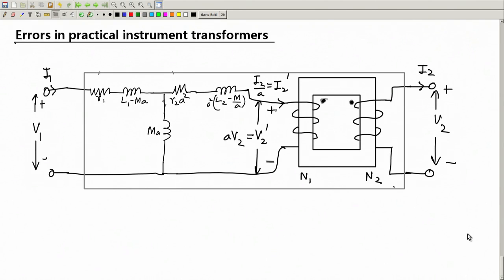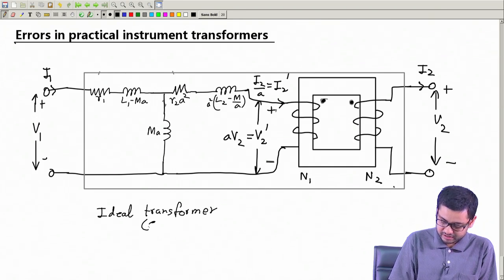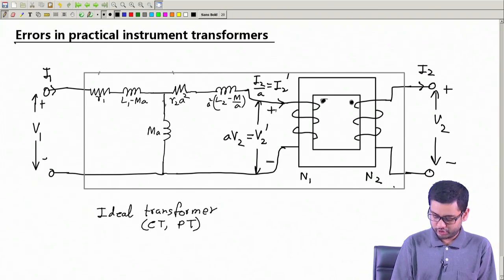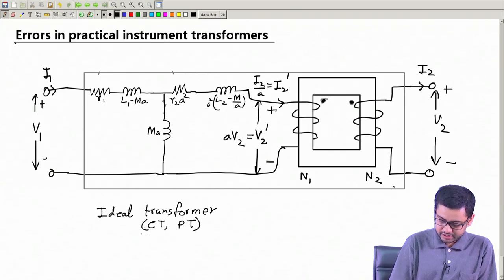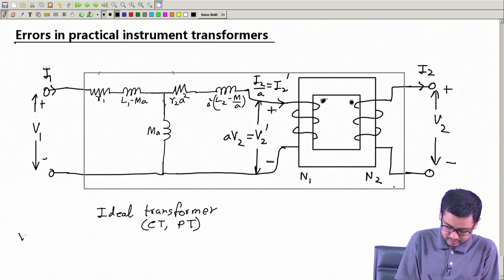Now we know that for an ideal transformer, which can be an ideal CT or PT, an ideal current transformer or ideal potential transformer, because they are anyway transformers, these relationships hold: V1, the primary voltage, by V2 is equal to N1 by N2.